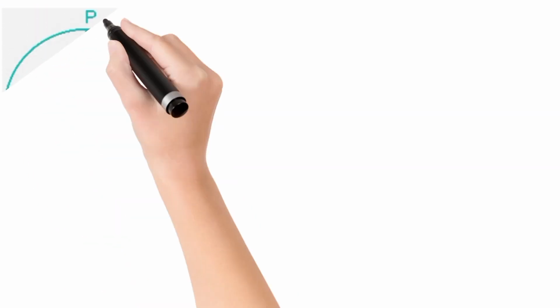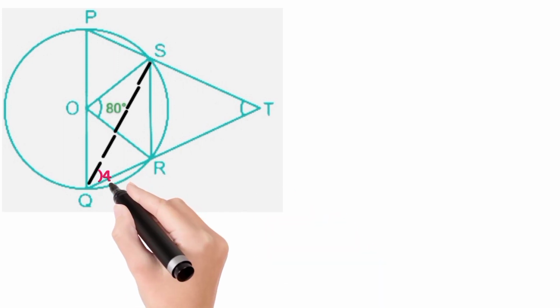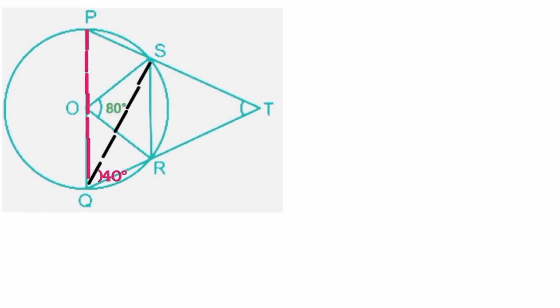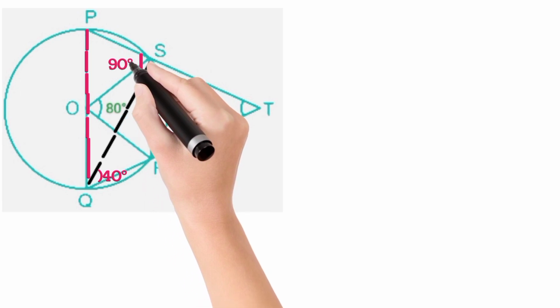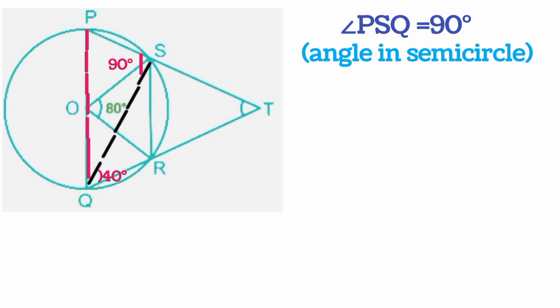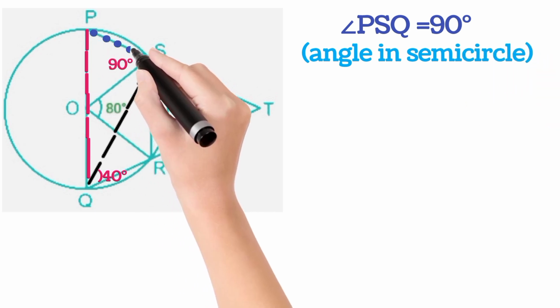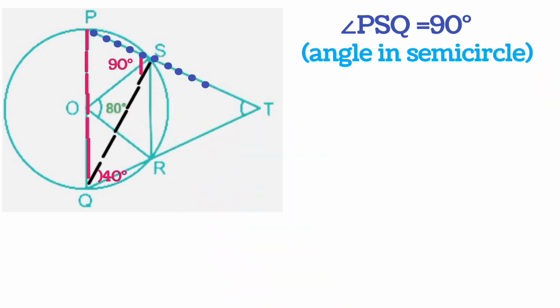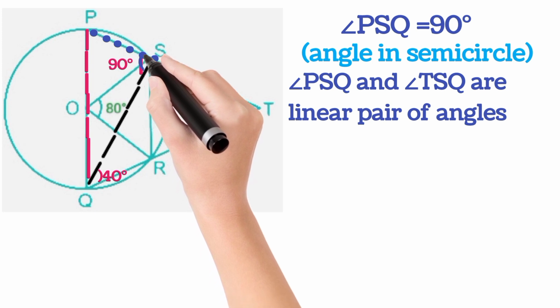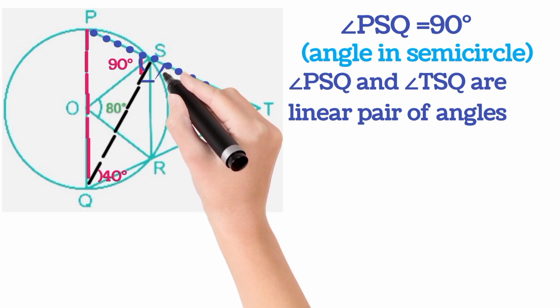Now let us take the figure again. This angle is 40 degrees. Now this is the radius of the circle and this is the angle in the semicircle, so this angle will be 90 degrees. So angle PSQ is 90 degrees, angle in the semicircle. Now PST is a straight line, so angles PSQ and TSQ are a linear pair.